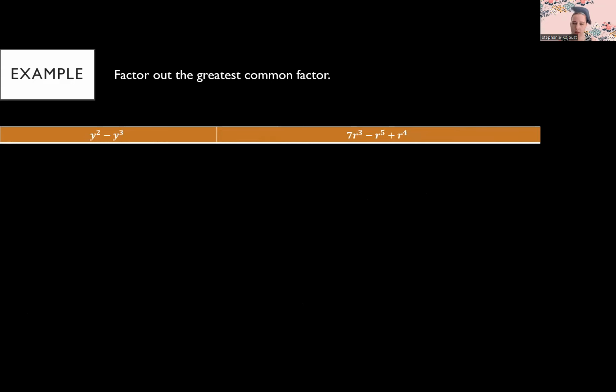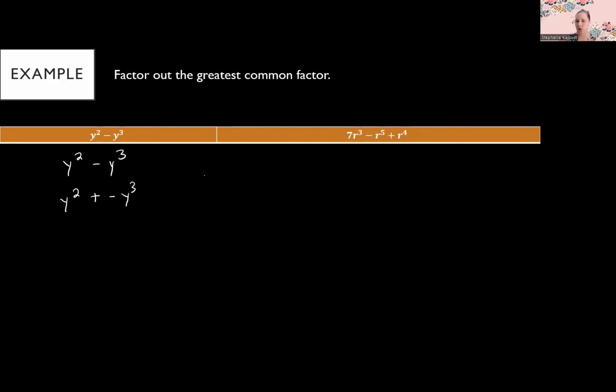So here, I've got y squared minus y cubed. Generally, we like to have the largest exponent written first. So if we have y squared minus y cubed, you would write this as plus a negative y cubed, so that I can see that when I put my highest exponent first, I have a negative in front.